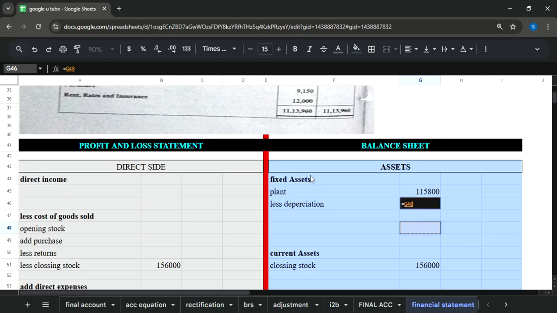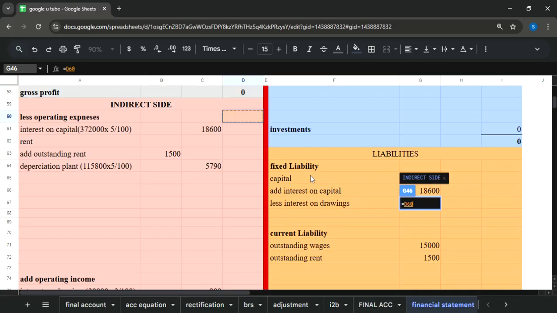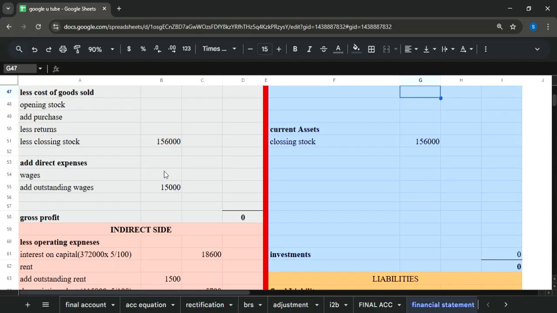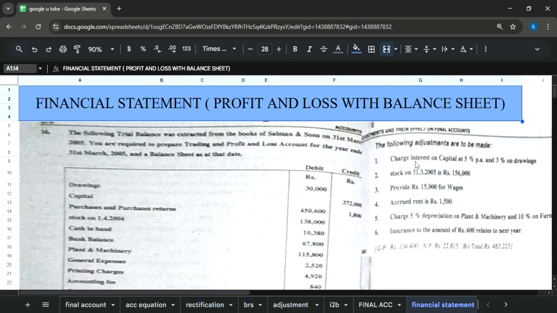Add to operating expenses. Let's see where we have written it. Look at here. How do you calculate? 115,800 multiplied by 5%. So this depreciation you will write, and after that it would be subtracted, less depreciation. Alright guys, so we were at the fifth adjustment.